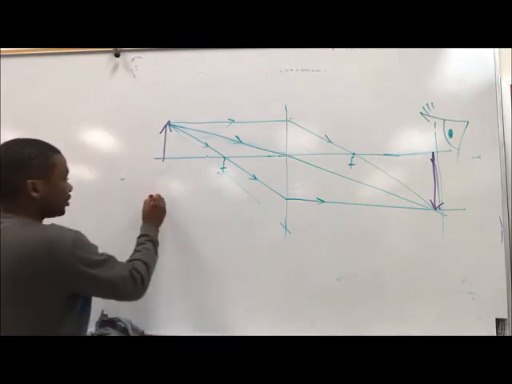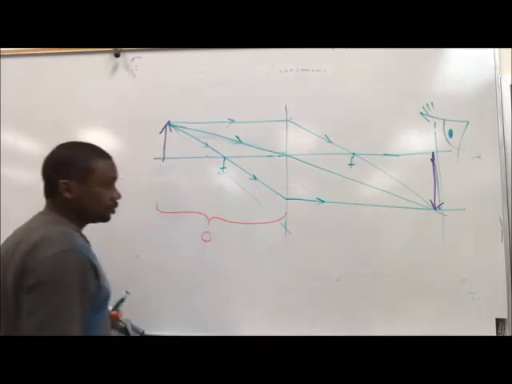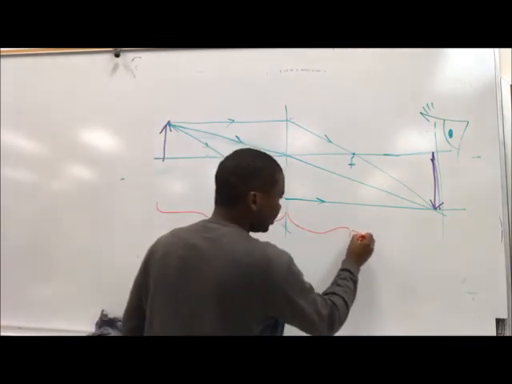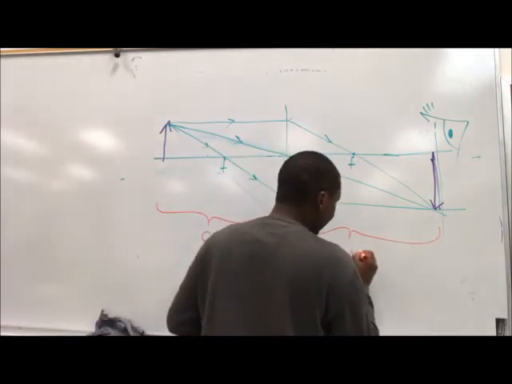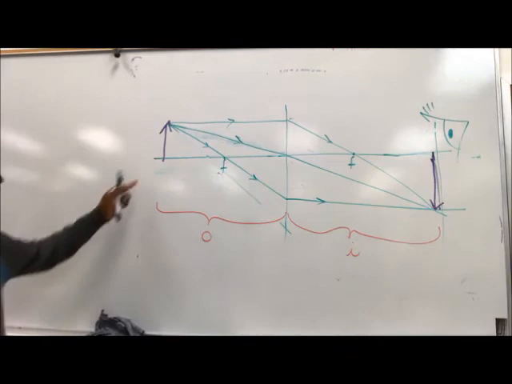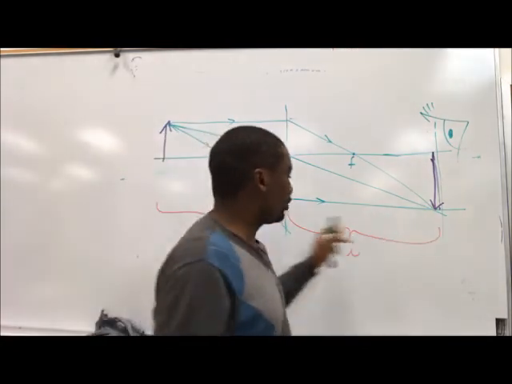So the distance from my object to the lens, I'm going to call that O. And then what about the distance of my image from the lens? I call that I, okay? So O is the distance of the object from the lens, and I is the distance of the image from the lens.